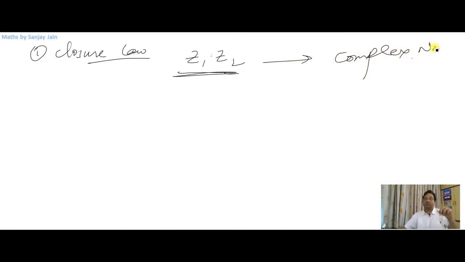We just saw z1 into z2, there was a real part, there was an imaginary part, so it is also a complex number. So this is how we define closure property, that the product of two complex numbers is also a complex number, right?